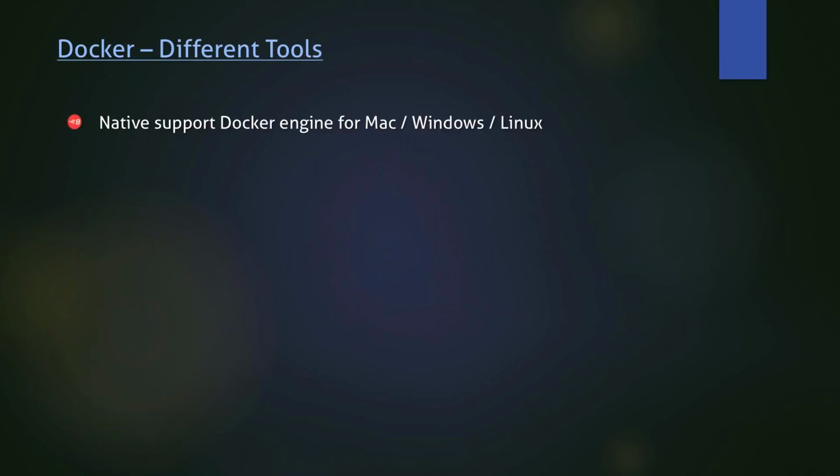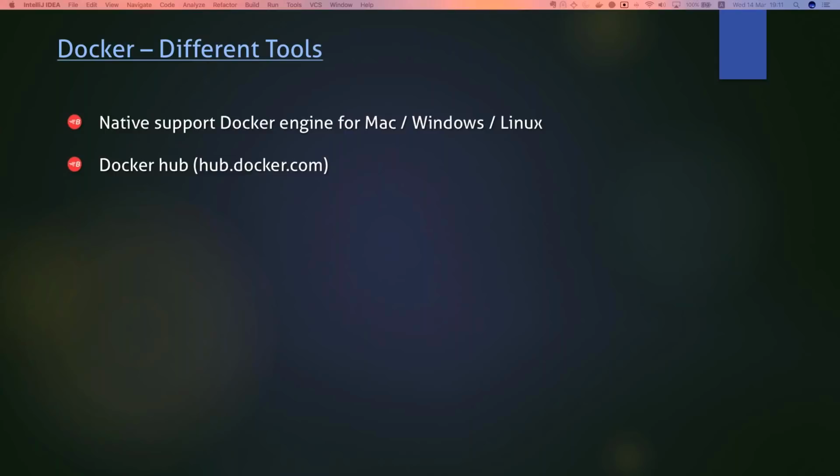There are different tools Docker provides, like native support, such as Mac, Windows, and Linux, as I mentioned before. And there is another tool which is called Docker Hub. If you go to hub.docker.com, you will see that you have a lot of Docker images that I will soon talk about.